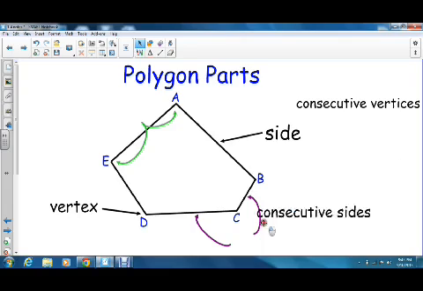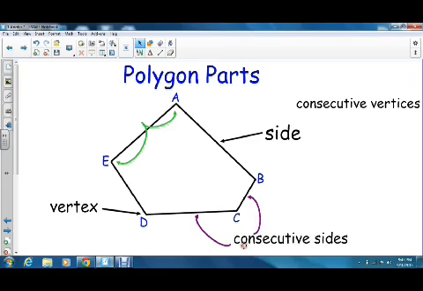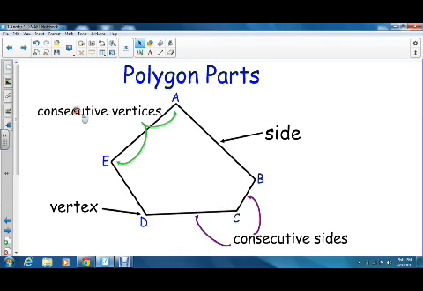So, for example, consecutive sides would be like these 2 purple arrows are pointing at here. Side DC and side CB are right next to each other, and so that's why they're consecutive. Then we've got consecutive angles. For example, these green arrows are pointing at consecutive angles. Angle E and angle A are right next to each other, so they're consecutive angles. E, A, and B would be an example of 3 consecutive vertices.